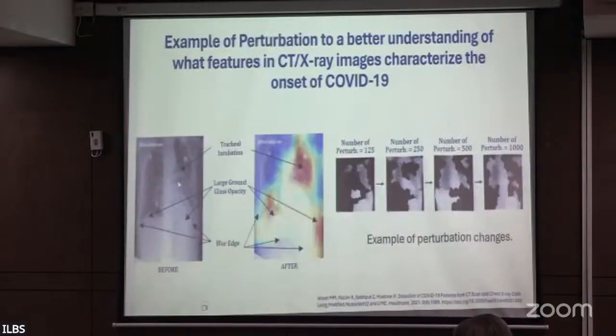Now see, this is a chest x-ray and the perturbation examples are there to understand whether this CT or X-ray image characterizes the onset of COVID. These black areas are the perturbed areas, the number can vary from 25 to 50. The areas are randomly picked from different places in the images, and a lot of input images are created by this process.